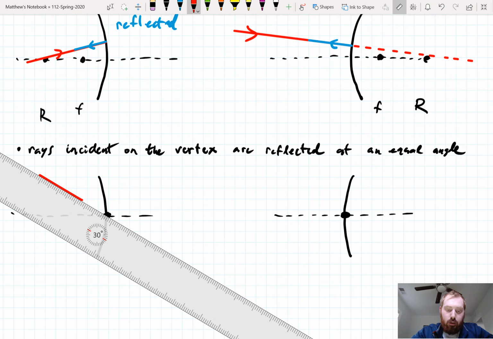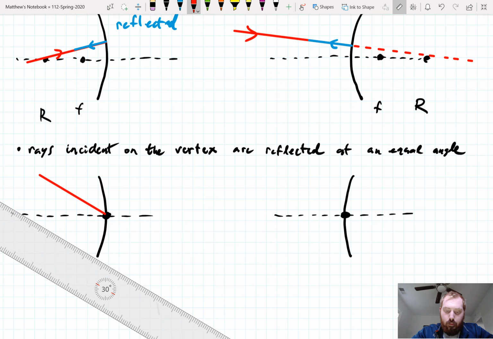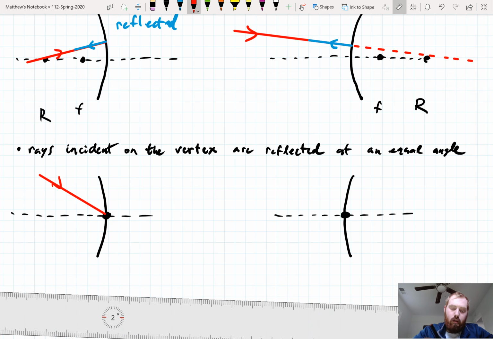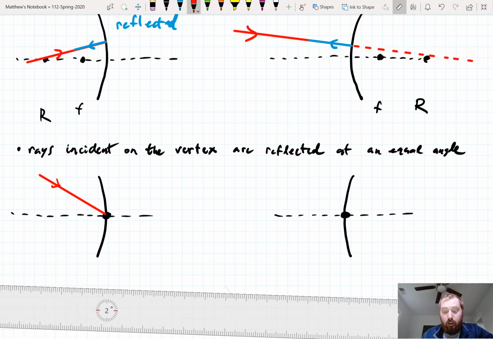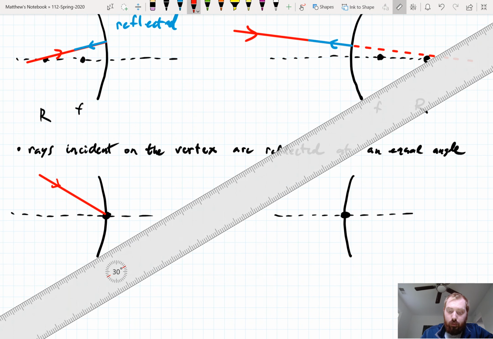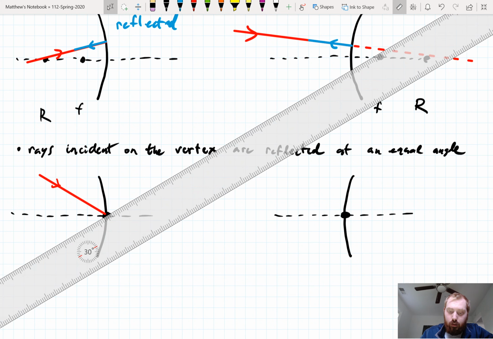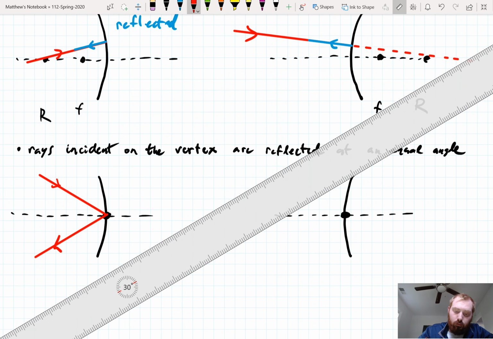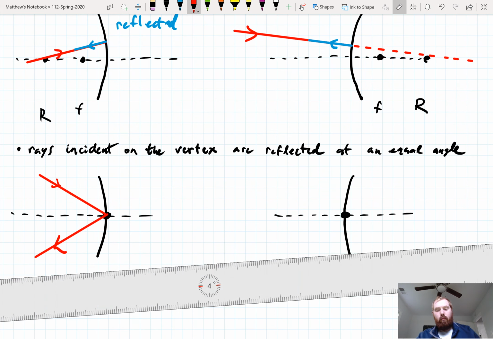So this ray, bam, it hits the vertex, and then it has to reflect at the exact same angle. So it comes in, and then it leaves. All right, and pretty much looks exactly the same for the other mirror.